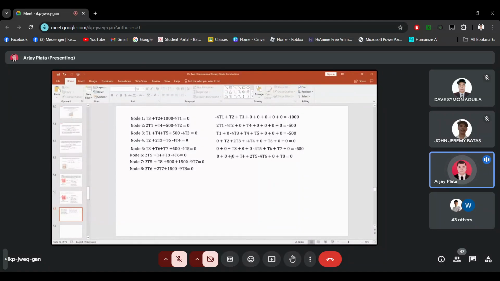Okay, last, not last, but node 7. Node 7, we have no T1, T2, T3, T4, but we have T5. 2T5 plus T6, we don't have.